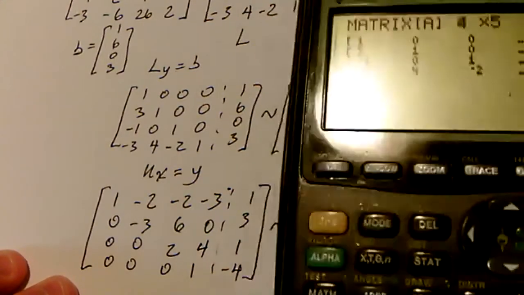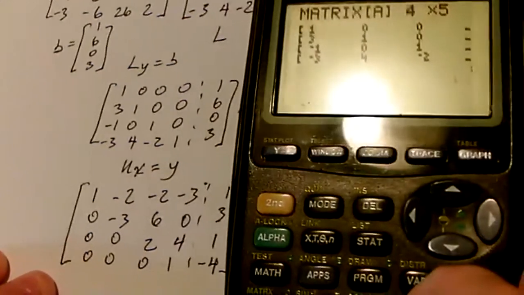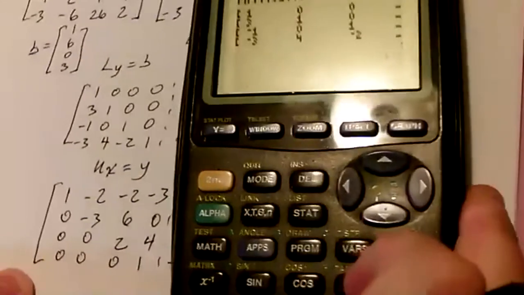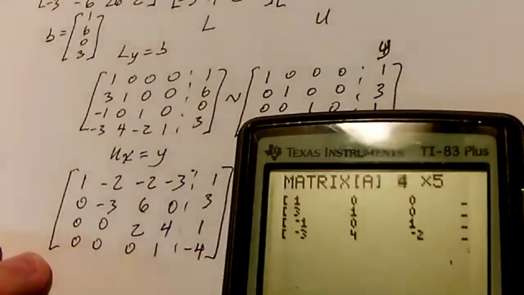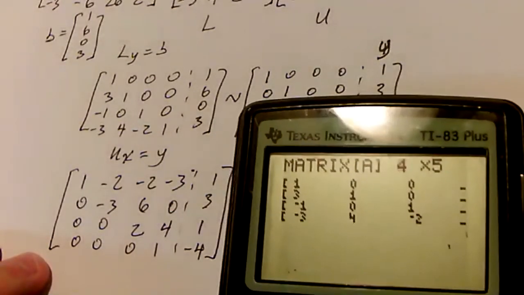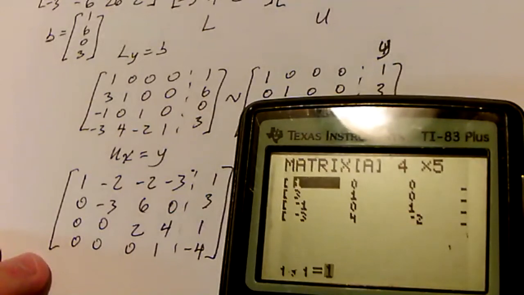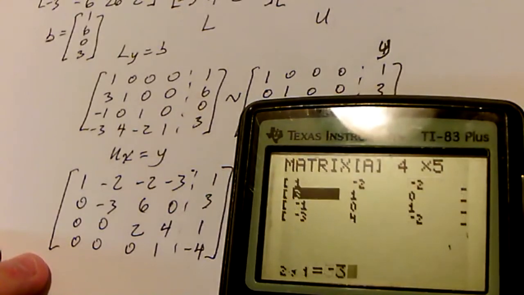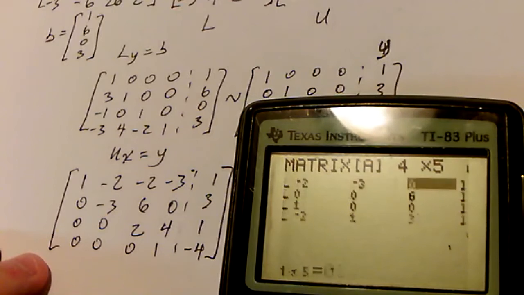Okay, so again, I go 4 by 5 here. Worry about my glare. We'll get one where I can see it all. There we go. That'll work. So 4 by 5, 1, negative 2, negative 2, negative 3, 0, negative 3. Oh, I didn't get the fifth column.